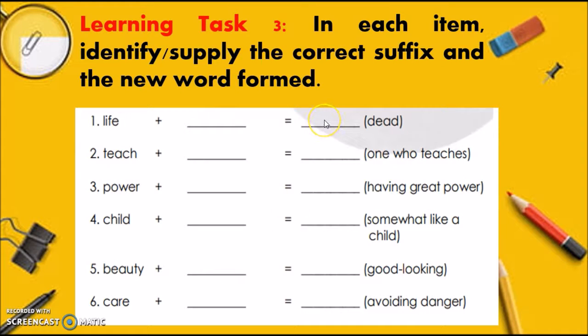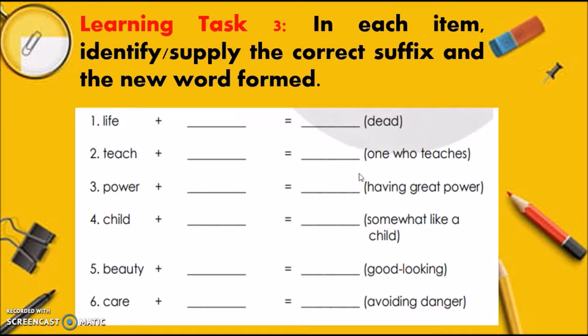And once we formed a new word here, in number 1, ang salitang nabuo nyo, ibig sabihin is dead. A life plus blank equals new word, ang ibig sabihin ng nabuo nyo is dead. Number 2, teach plus blank equals, yung nabuo nyo, ibig sabihin ay one who teaches. Number 3, power plus yung inyong suffix, ang mabubuo ay dito isusulat.